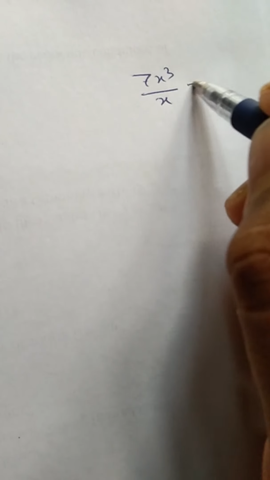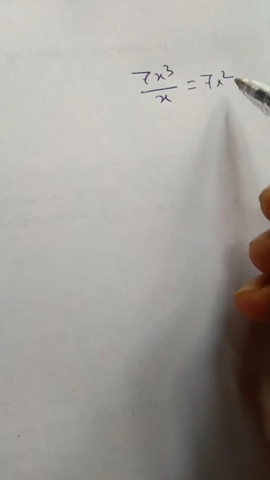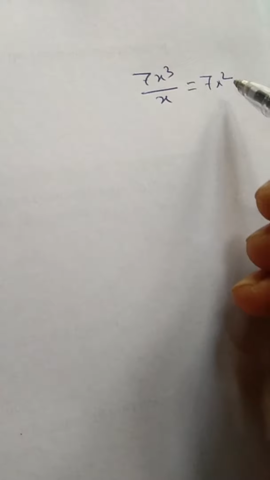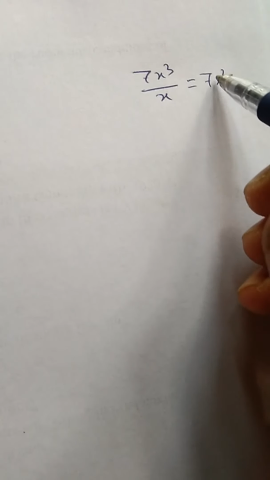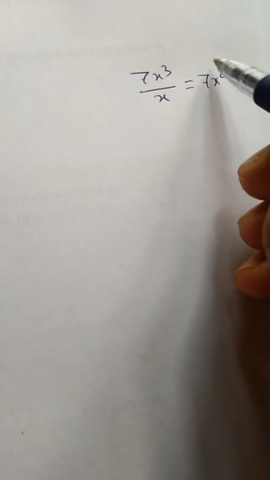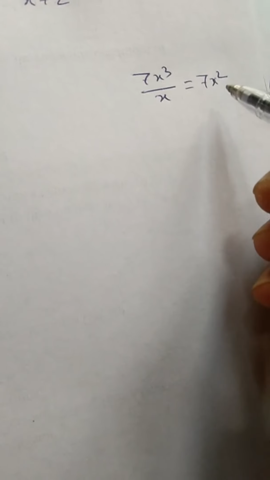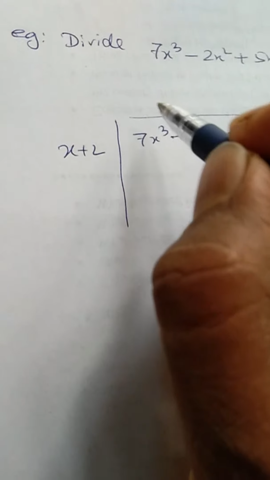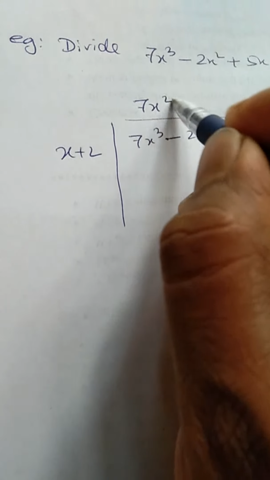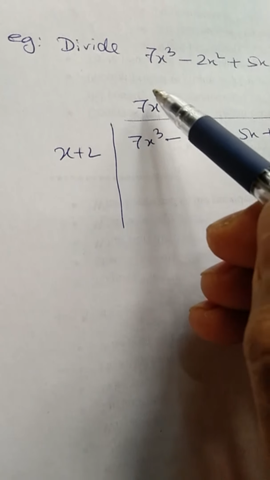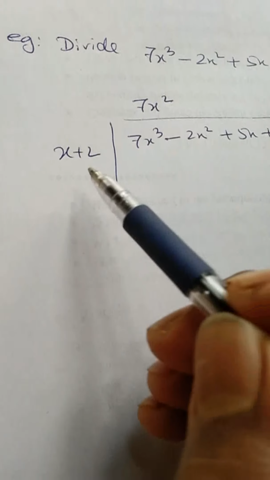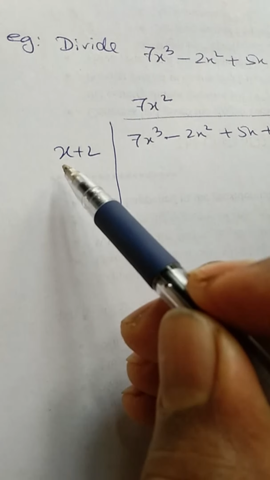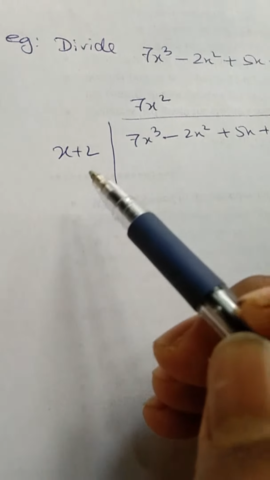7x cube by x, if we cancel 1x, 2x are left, and that will be 7x square. So our first term would be 7x square, that we will have to take here. Now with this 7x square, we have to multiply both this term x as well as 2 also.